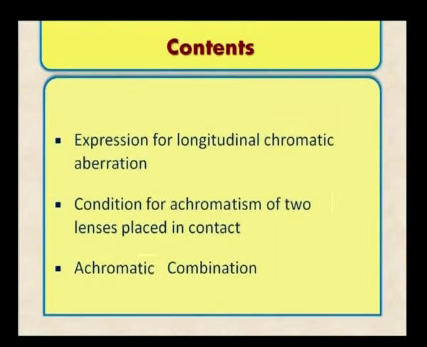I told you about chromatic aberration, the expression for the so-called longitudinal chromatic aberration. Then the condition for achromatism when 2 lenses are placed in contact, the so-called achromatic combination.